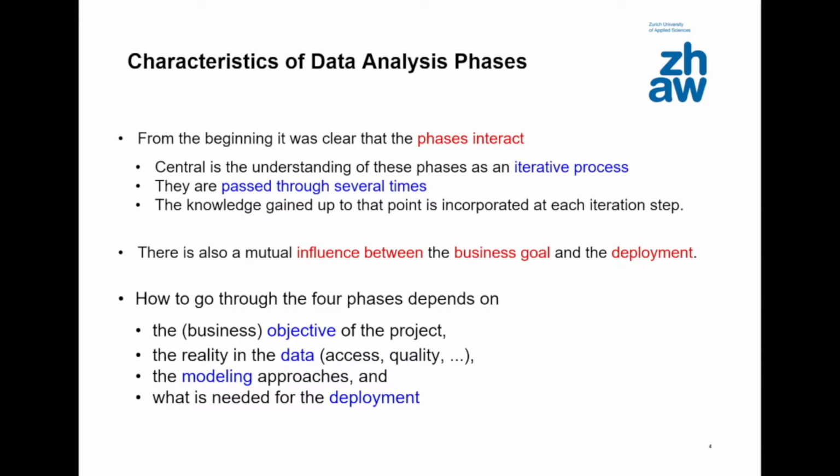Part of the work consists of looking at some details more concretely, such as whether the data actually are suitable, which model procedure should be used for the analysis, what requirements must be placed on the performance of the model so that the goal can be achieved and the approach can be deployed.